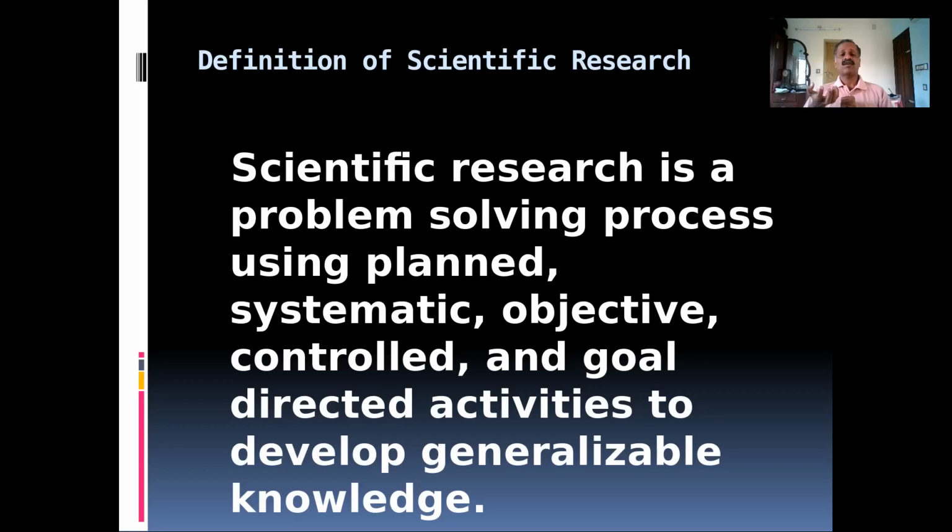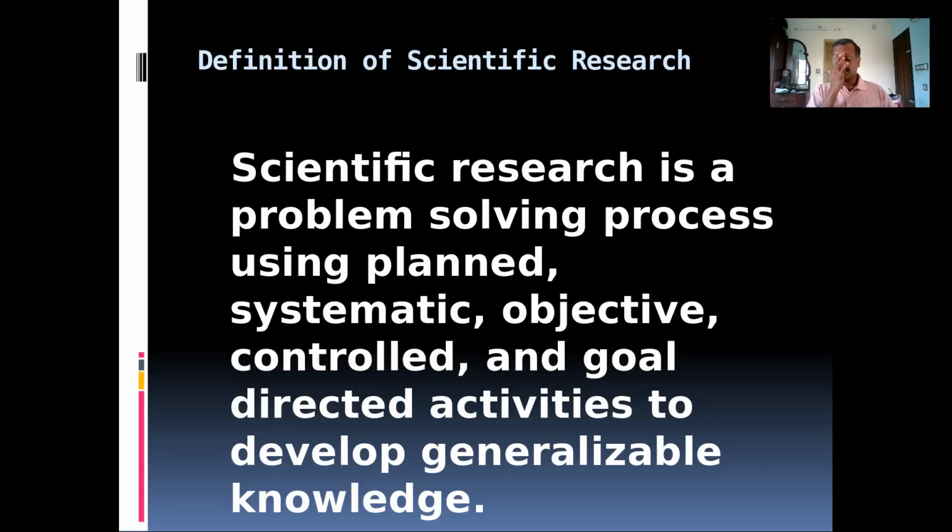We want to develop generalizable knowledge out of all these activities, all this testing. And one more extension is also there in some definitions: generalizable knowledge about natural phenomena, about the phenomena that are happening naturally. That can be an infection, that is a natural phenomenon. As I mentioned, learning is a natural phenomenon. So all those things that occur in nature.